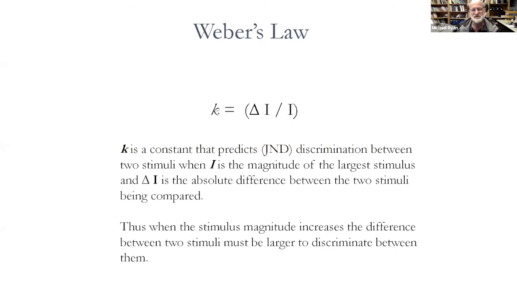So what that predicts is that as the sexually selected traits get larger in magnitude, as the peacock's tail gets larger, for it to make a difference to the female, the difference between him and his competitor needs to be even greater to achieve this constant proportion that the females need to tell them apart.